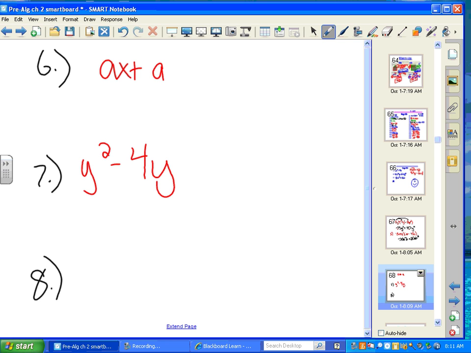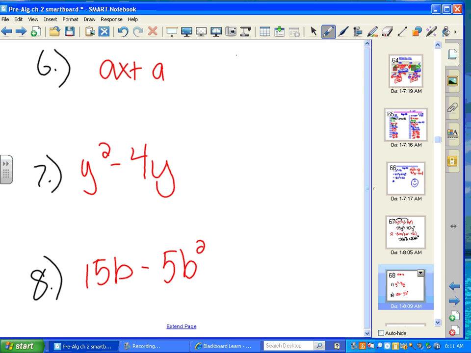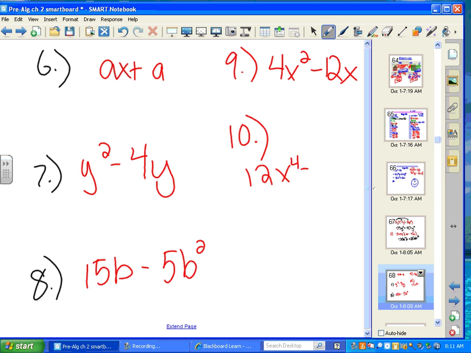Number 8, Briar. Good job. Let's do 9 and 10 just in case you got to it. Emma H, number 9. Perfect. All right, who wants to try number 10? Annalise? Good. Make sure you just say 12x to the 4th, but perfect.